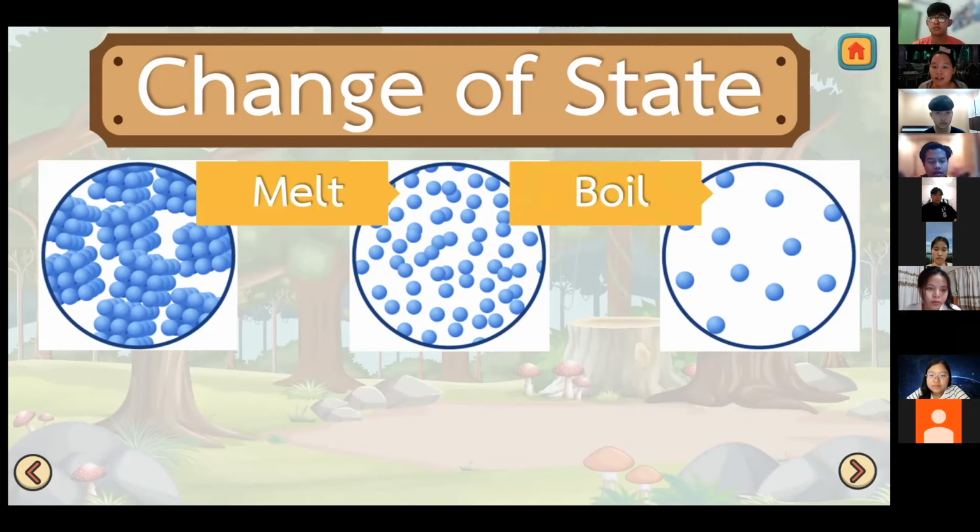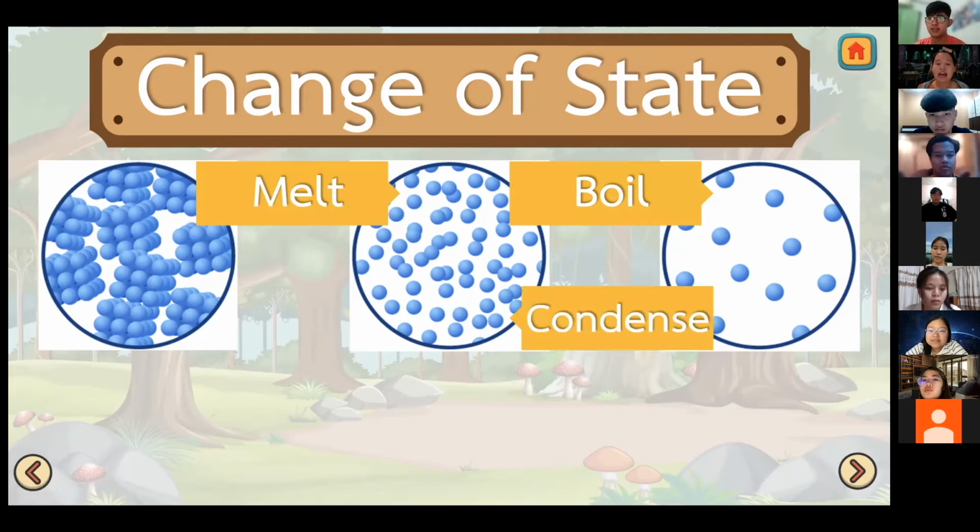When a solid melts, it will become a liquid. And when a liquid evaporates or boils, when you boil water, it will evaporate to become a gas. Everyone understand? Yes. And when the gas condenses, it will become a liquid.